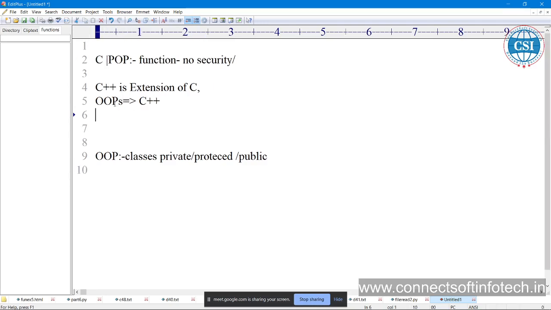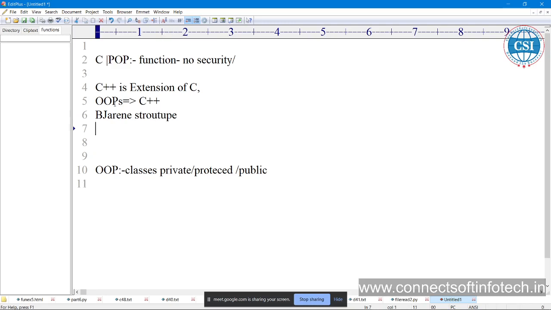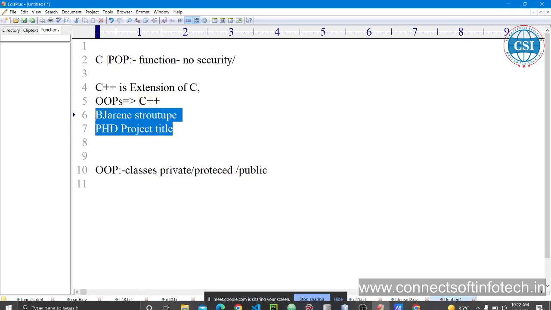So who developed C++? It's Bjarne Stroustrup. C++ was the PhD project title of Bjarne Stroustrup.